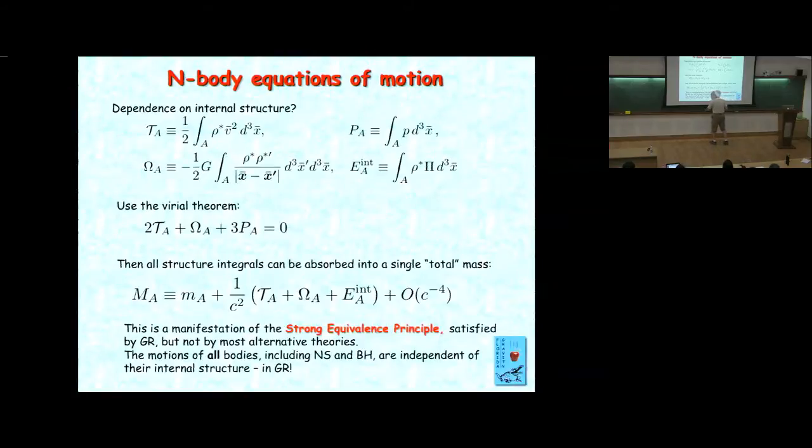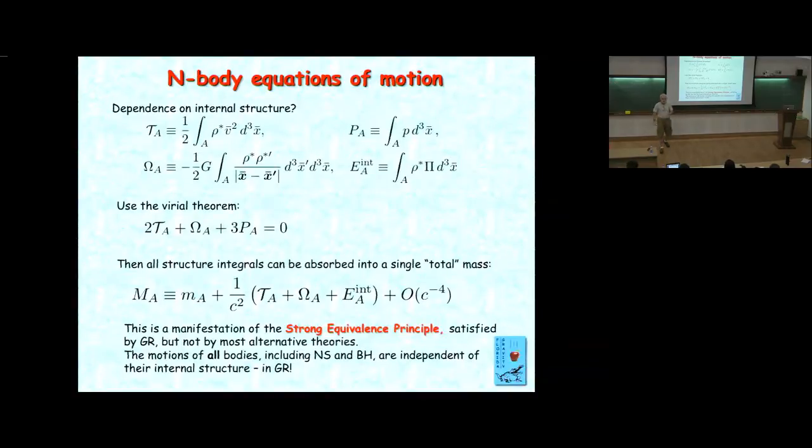So the way of saying it is this: technically speaking, this is not zero, it's of order epsilon. But we're sticking this into a term that is already of order epsilon squared, so the error term will be something of order epsilon cubed. And that's 2PN order, which we don't have to worry about.